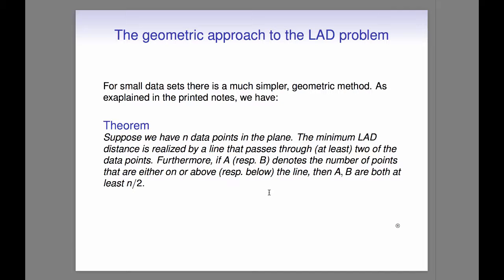Now, you have to be a little bit careful. You've got to take into account the ones that are actually on the line. So if A represents the number of points that are either on or above, and B are the set of points which are on or below, then A and B must both be at least half the number of points.